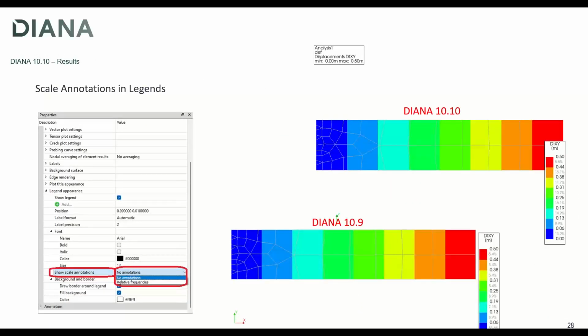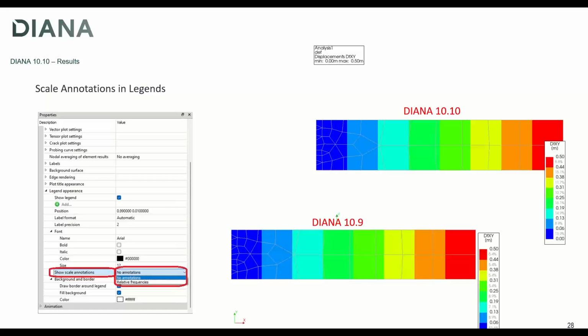Thank you, Denise. I will continue with new enhancements in the results and post-processing section in Diana 10.10. The title is Scale Annotation in Legends. As you can see on the screen, in the Properties menu in Diana 10.10, Diana offers a Scale Annotation option. This feature helps a user understand what portion of a structure is affected by each contour limit.